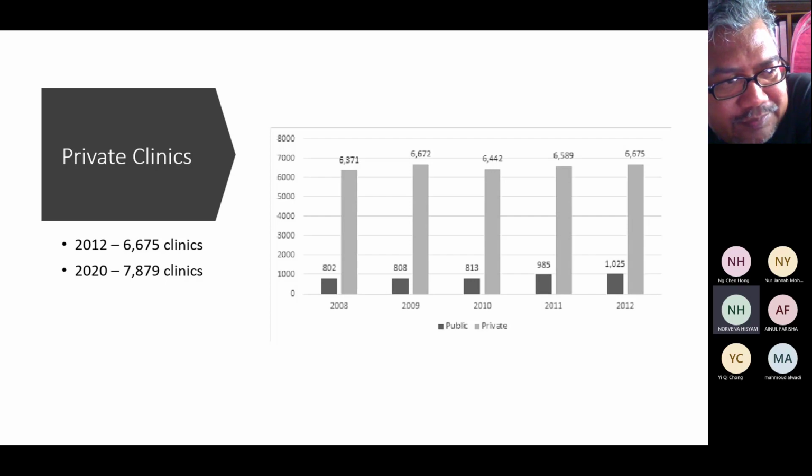So just imagine, the number of private clinics are a lot more than the number of government clinics. Government clinics, if you just count the ones with doctors, there's only 1,000. But the private clinics, there are almost 8,000. And they are everywhere.